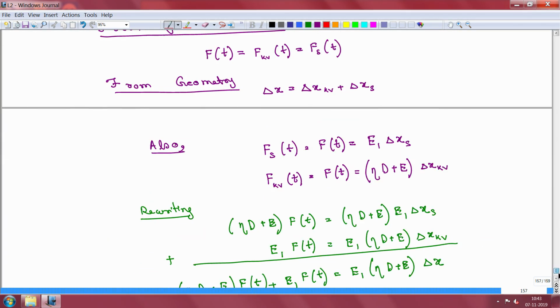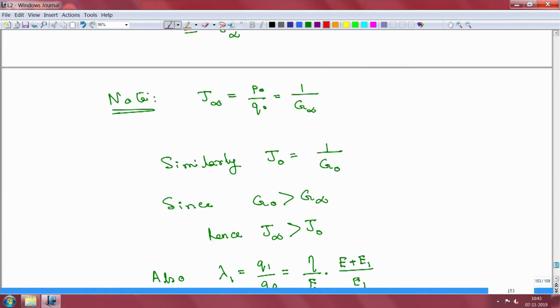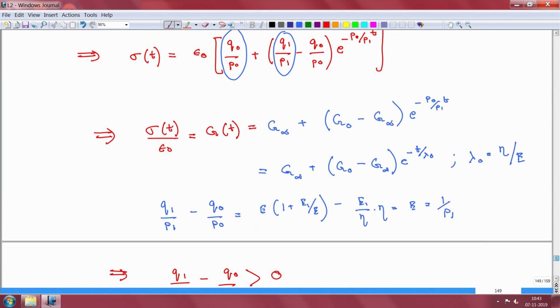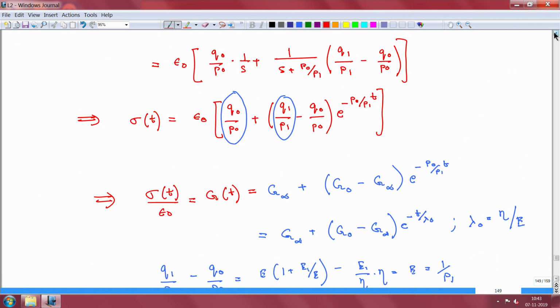Okay. One quick thing: remember that for this model to be physically realistic, when we derived the stress relaxation, we had a constant term, and then another term in the bracket which was multiplied by an exponentially decaying term.